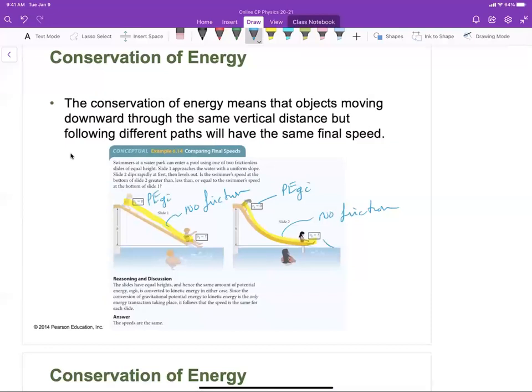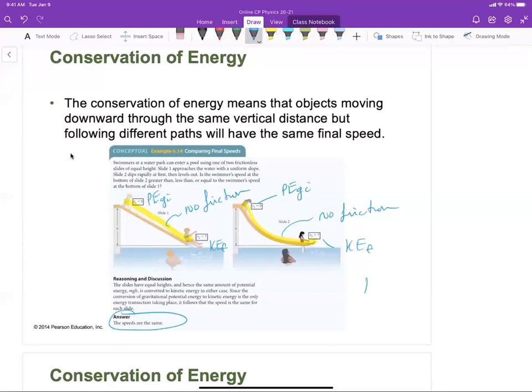And at the bottom, they're going to end up with the same kinetic energy. And assuming they have the same mass, actually, the masses won't matter. They will end up with the same speed. And you can see that here.